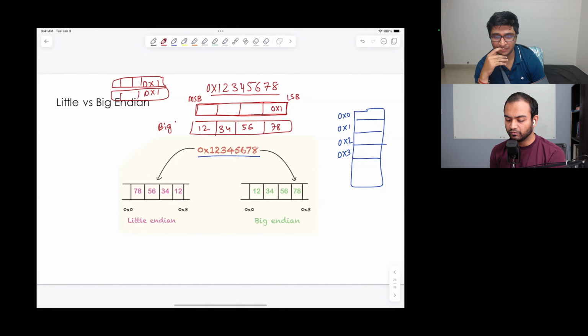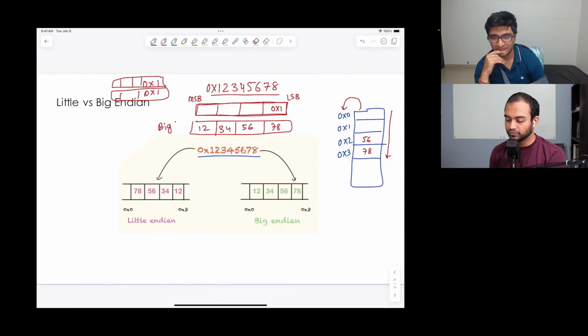And when I think of big endian, let's not confuse our audience. If this happens to be stored like so, this would be big endian. The MSB is stored in the lowest address.